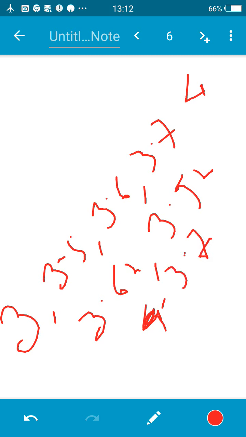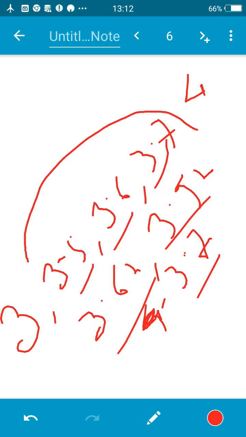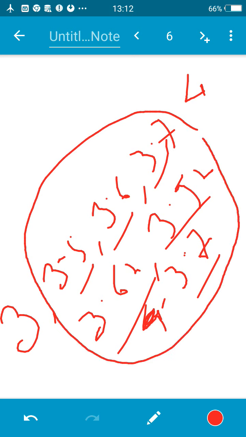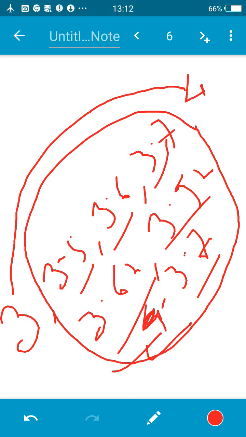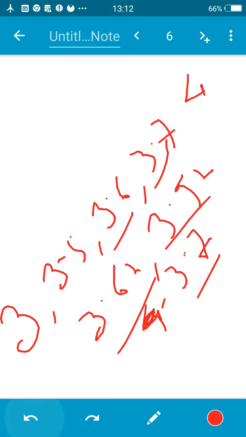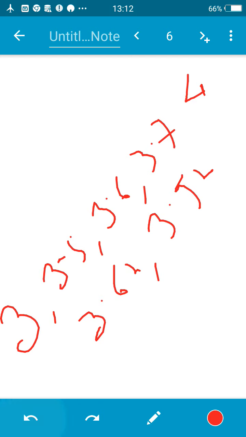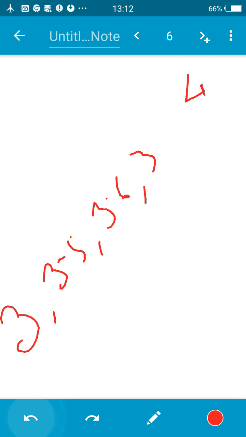Here we have got 1 2 3 4 5 6. All these are rational numbers, and these rational numbers are found in the form of terminating decimal expansion, and these numbers are found in between 3 and 4, so that the rational numbers between 3 and 4 we can get by this method also.